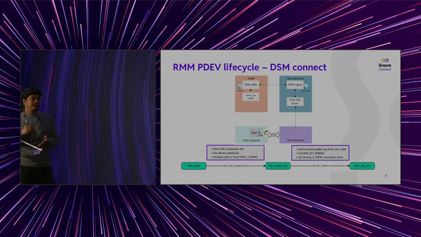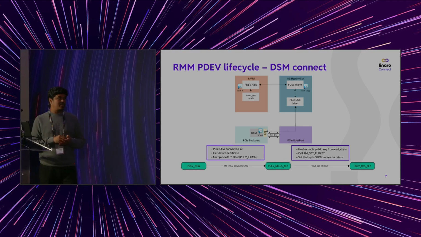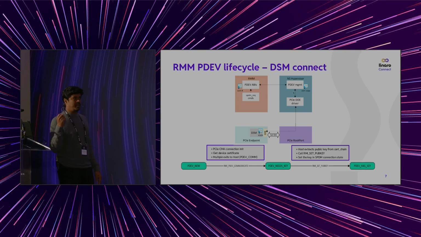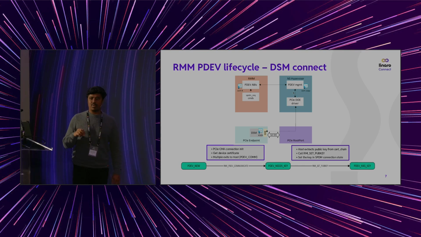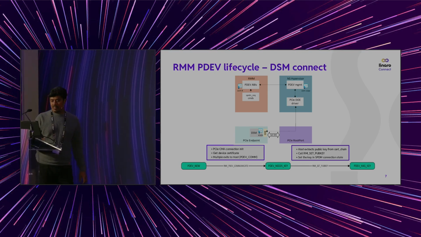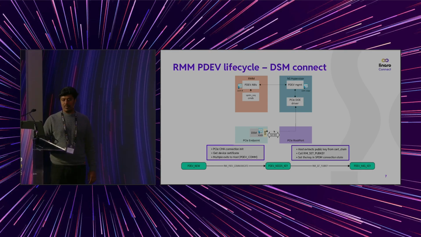To do so, the RMM initiates the SPDM requester commands, mainly get certificate. The get certificate command gets passed across the PDO ABIs back to the non-secure hypervisor. Then the hypervisor is responsible to pass it down to the PCI DOE driver on the non-secure side, and that will interact with the device and fetch the certificate from the DSM.